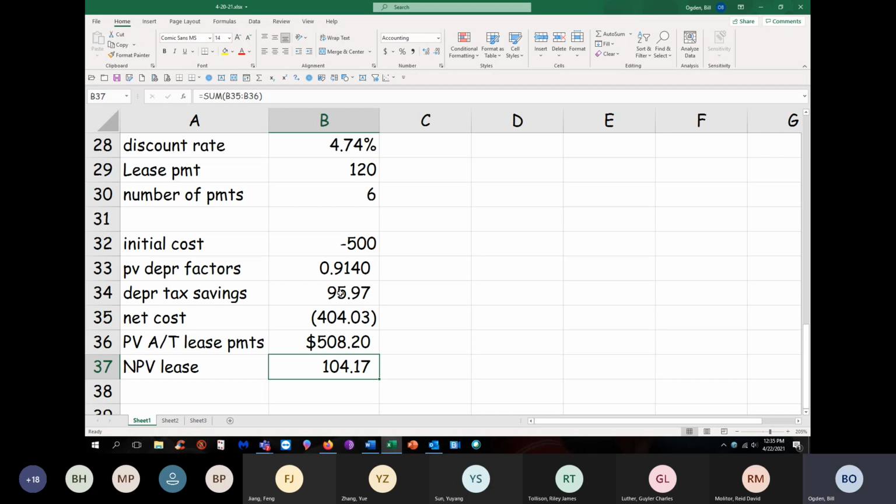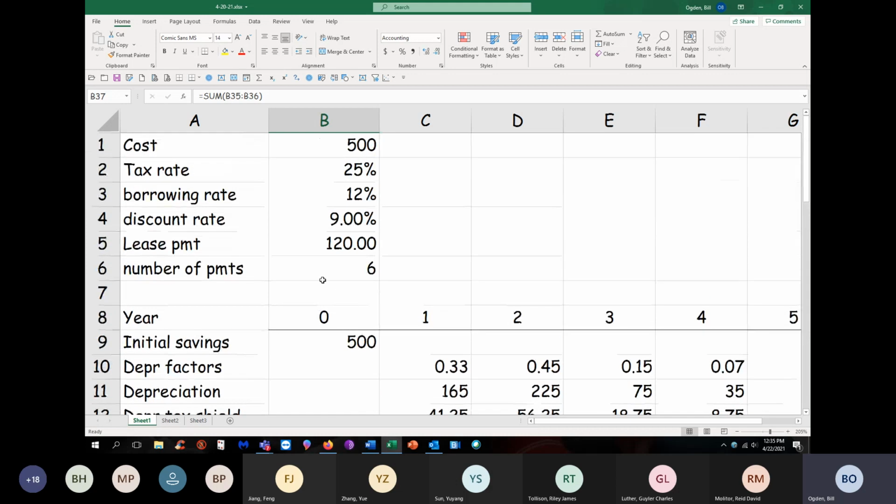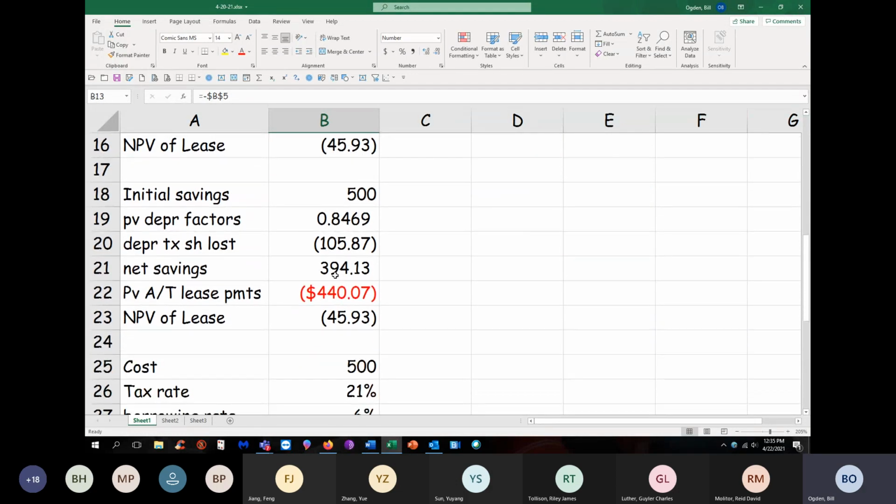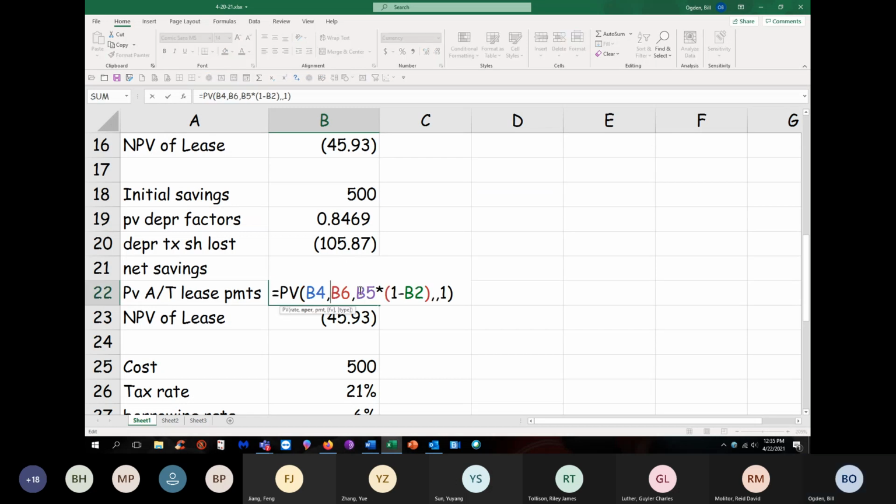In order to do this, obviously you don't have to follow me cell by cell here, but what you do have to have is that every place in my analysis where I reference a payment, it has to come from the same cell. So I have cell B5 here. This is my lease payment. When we did the cash flows, I referenced cell B5. Down here, when I calculated the after-tax lease payments, you can see the B5 right here.